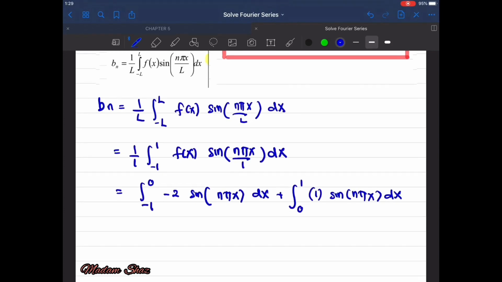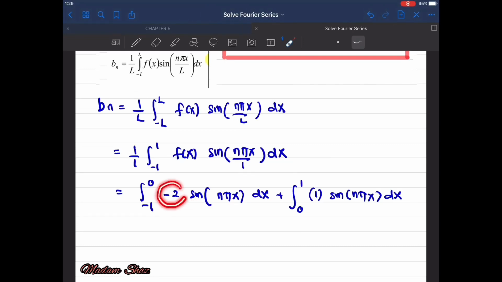So now we want to integrate -2 multiply with the sine. If you have any constant, it depends whether you want to bring to the outside or not. So I will bring the constant to the outside, -2.